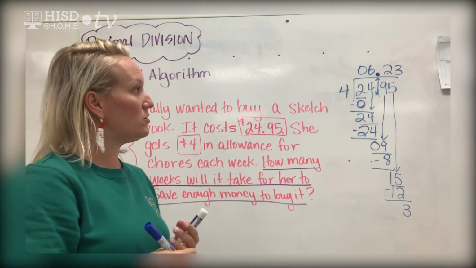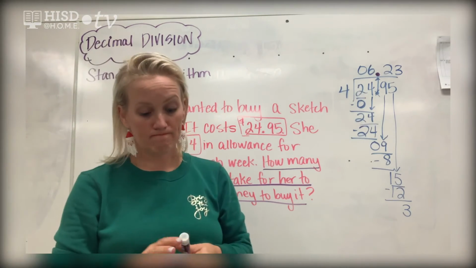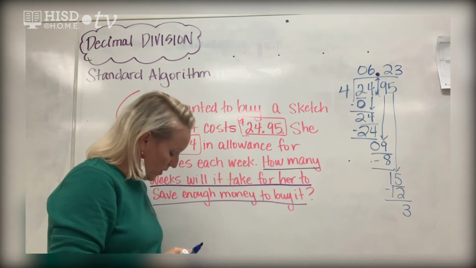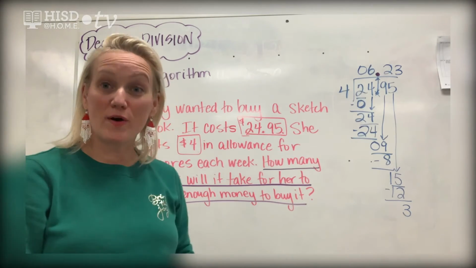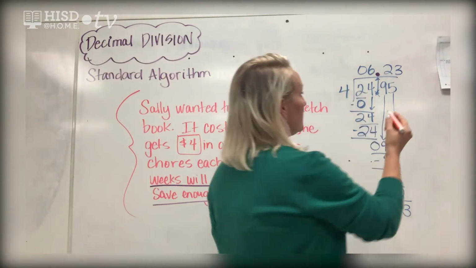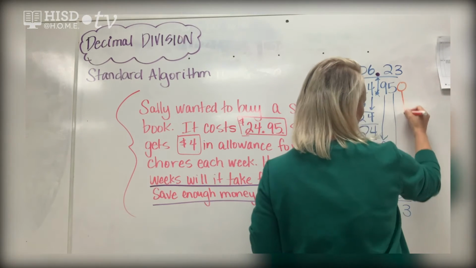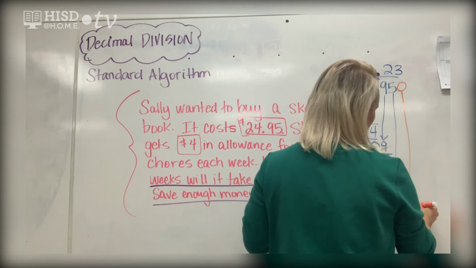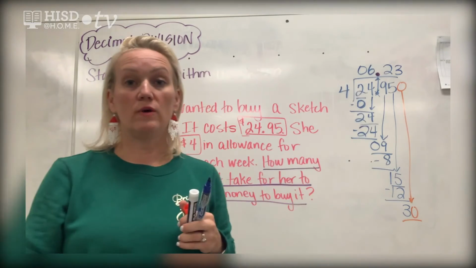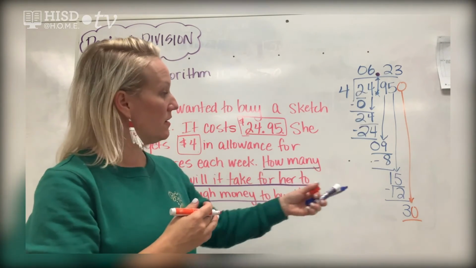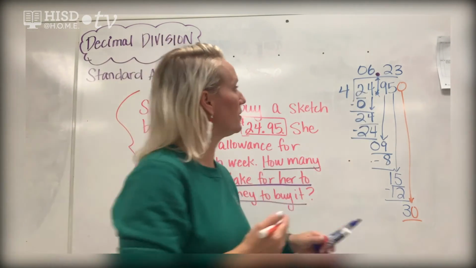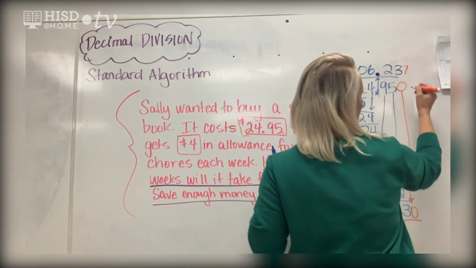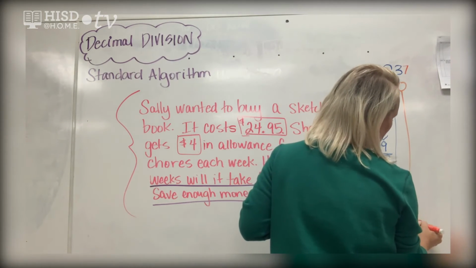What do we do when there's a remainder? We have no problem adding a 0 because it does not change the value. So that gives us another 0 and turns our number into 30. How many groups of 4 go into 30? 7 groups of 4 equals 28.